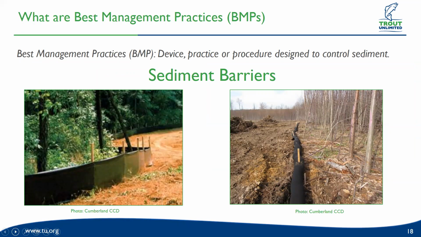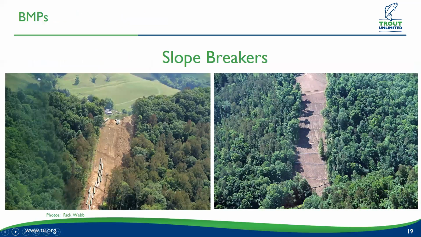So now we're going to get into some of the best management practices during pipeline construction. And these are practices that are used to reduce erosion and control sediment. So we have slope breakers or water bars.